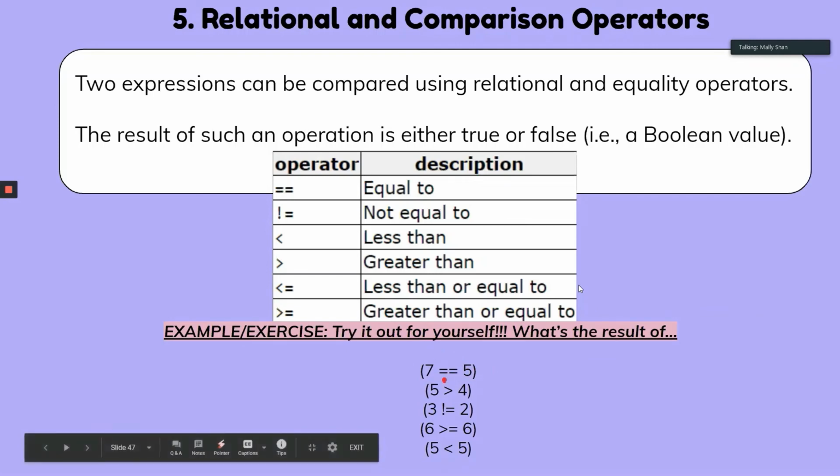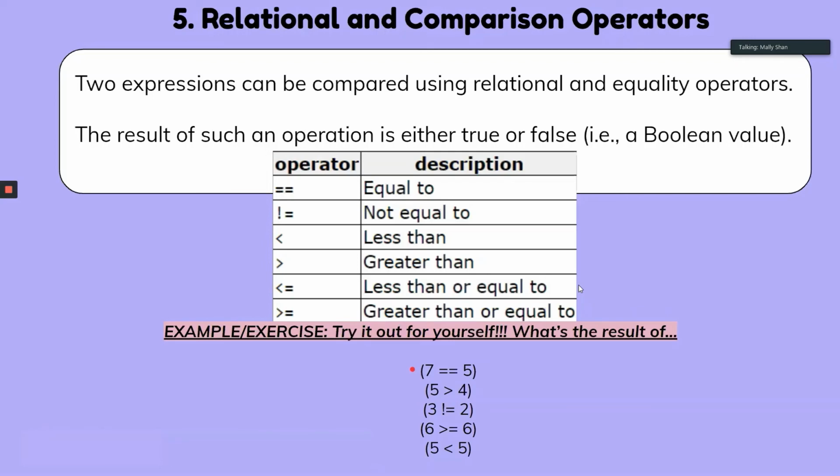And we know that equals means it's equal to. So this statement in our code, if we were to write it in code, would mean that 7 equals 5. And obviously we know that's not true. That's completely false. So if we were to run this on our computer, it would output false. That's the Boolean value that it's going to be using.